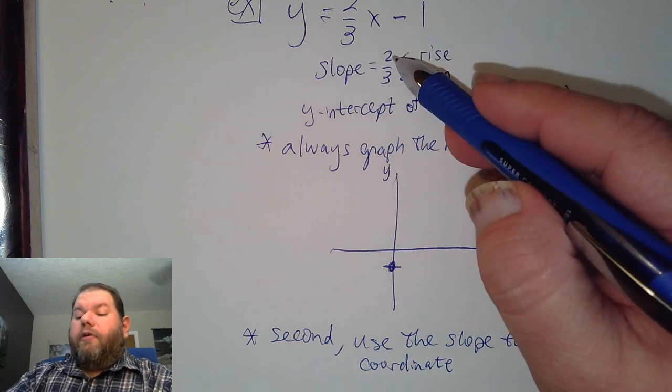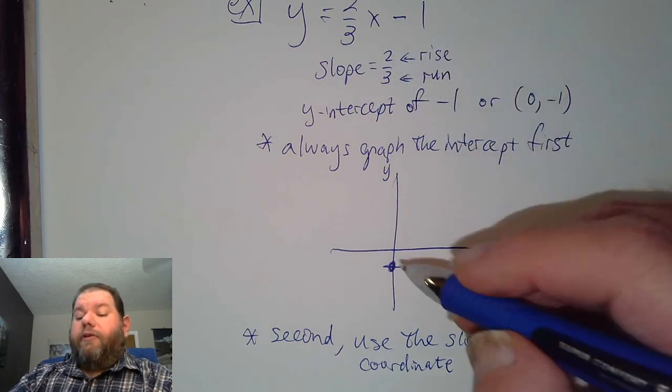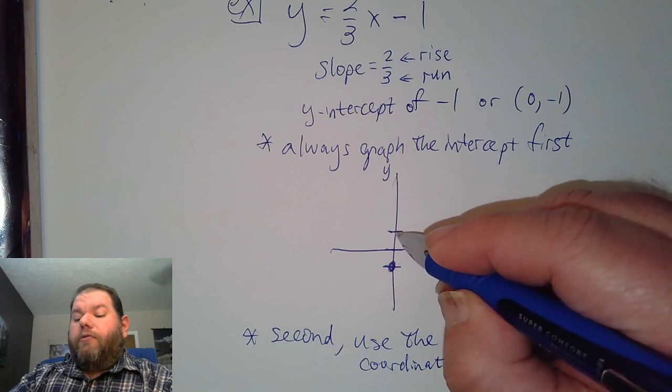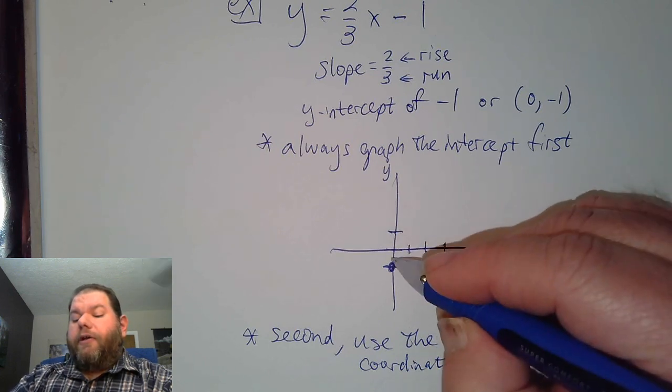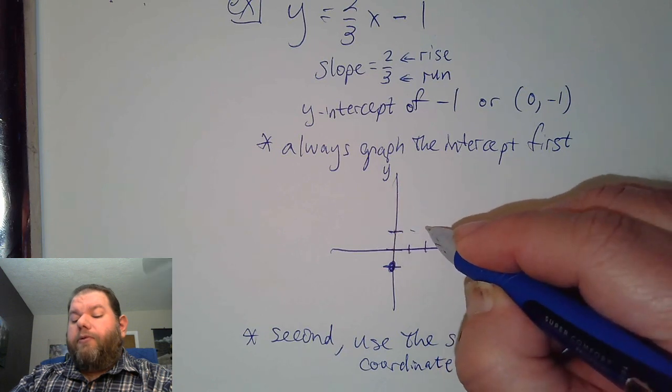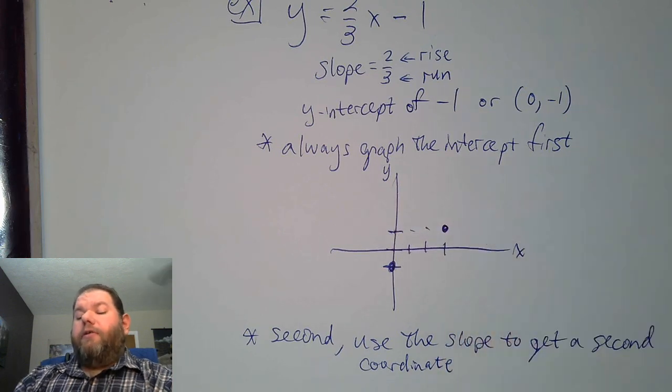So I said we rise 2 and we run 3. So we go 1, 2 up, and 1, 2, 3 to the right.